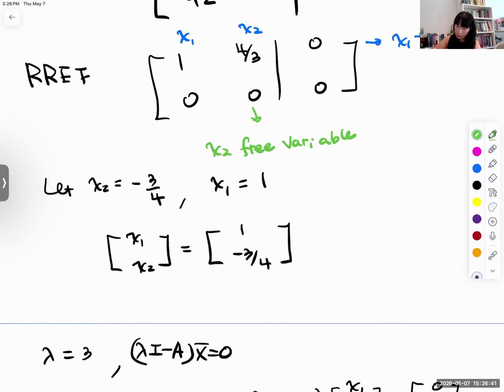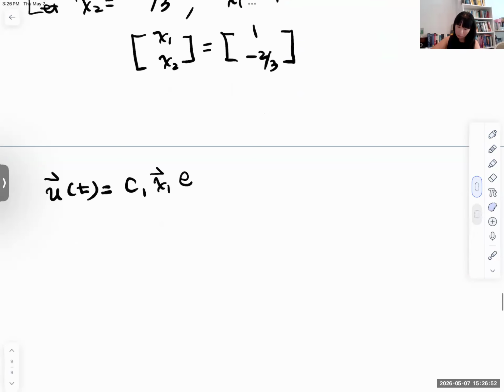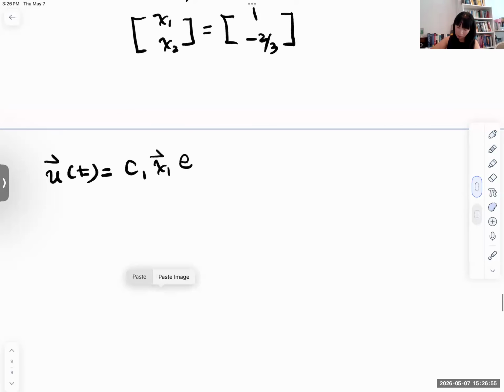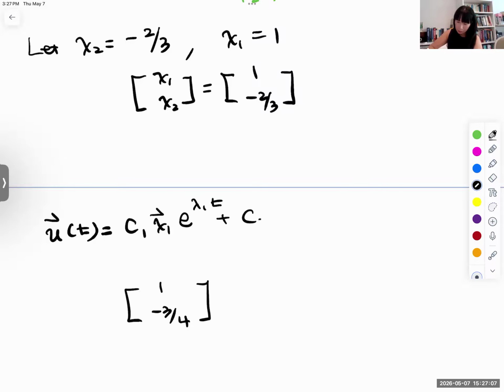So this is x sub 1. So let me copy this one. And in that case, the first one, plus c sub 2, x sub 2, e to the second lambda, t. Yeah. All right, so there will be x sub 2, right? I am using the previous notation.